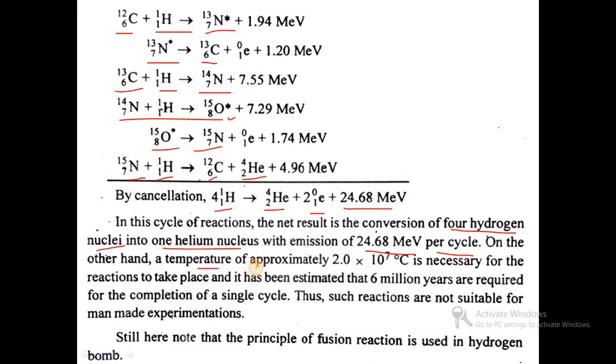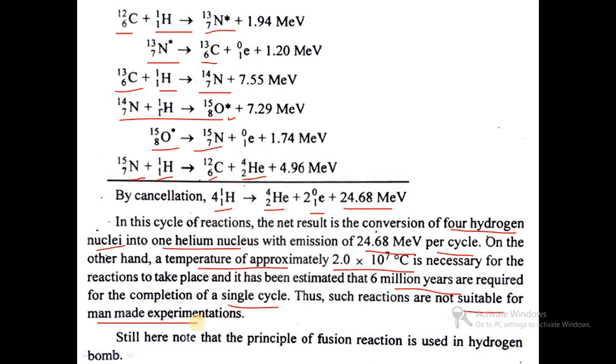A temperature of approximately 2 into 10 raised to 7 degrees Celsius is necessary to carry out these reactions, and it has been estimated that 6 million years are required for the completion of a single cycle. Thus such reactions are not suitable for man-made experiments.